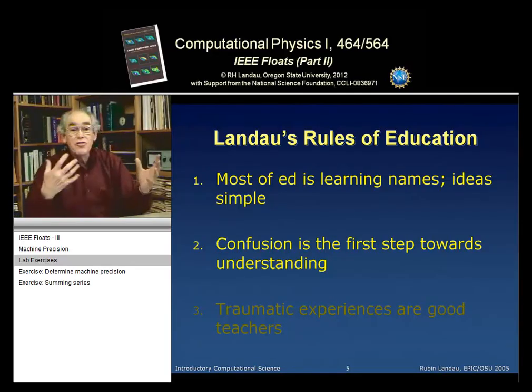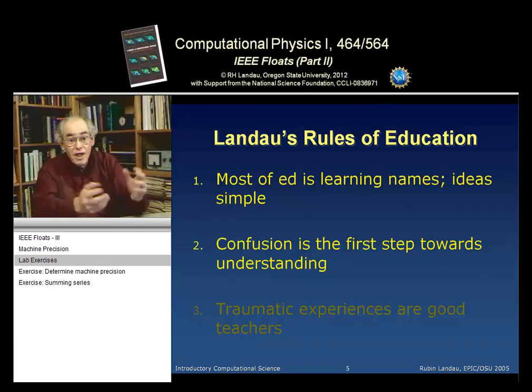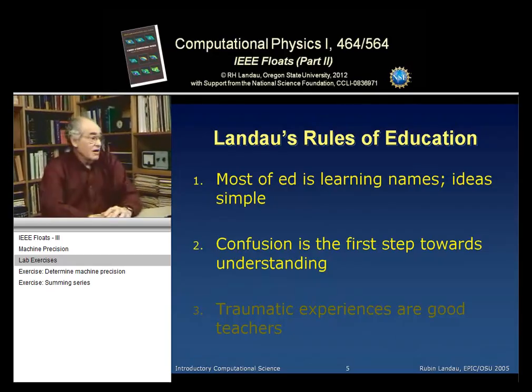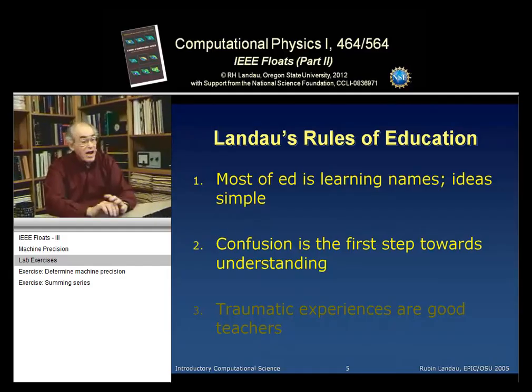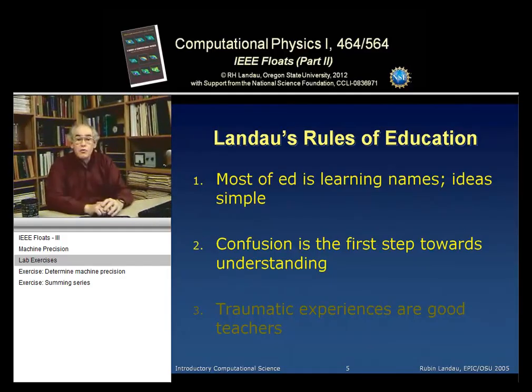It means that you're thinking about something, you're trying to develop a mental model in your head of how these things go together, and I'm trying to control you a little bit to help you develop that model as best you can, but it's up to you to develop the model. It's up to you to think about these things and have them make sense to you. If all you try to do is memorize what I say or someone else says, you're not really developing your mind the way you need to. You need to get confused, because only when you're confused can you figure your way out, and then you remember for next time.